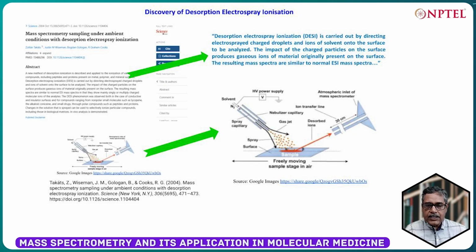So something is getting desorbed by using the electrospray ionization technique, and the experimental substance is a surface. It may be a biological tissue, it may be anything, it may be a glass slide with a thumb impression on it, it may be any forensic substance.